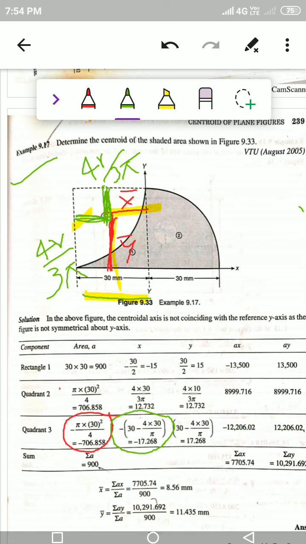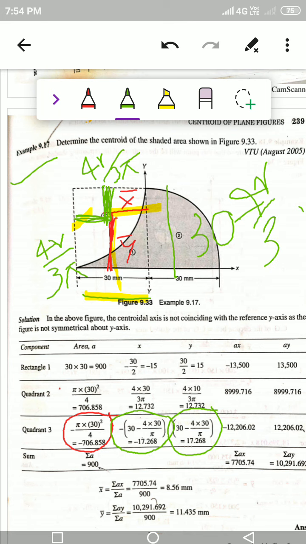So y bar is also from a total of 30. Therefore it is 30 minus 4r divided by 3 pi. 30 is the total distance, and the green line is minus 4r divided by 3 pi. So this is the y bar value, the centroid of this inverted quarter circle.